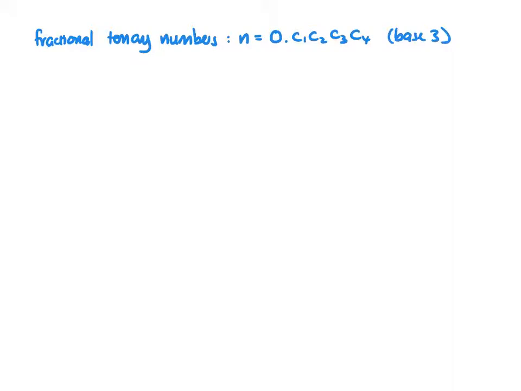So what do these places mean? In decimal places, we have one place referring to the tenths, another place referring to the hundredths, another referring to the thousandths. Here, it's 1 over powers of 3. So c1 is the 1/3 place. c2 is in the 1/9 place. c3 is in the 1/27th place. And so on.